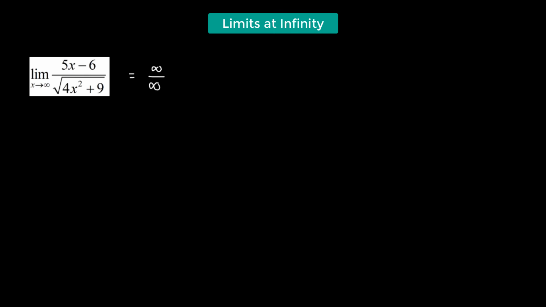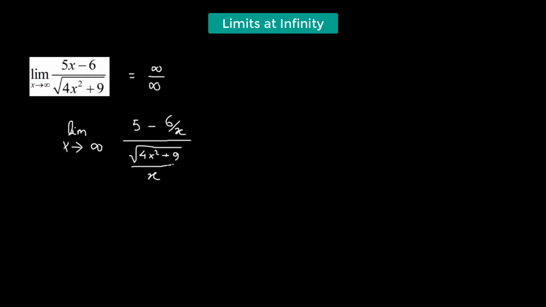So what we're going to do is divide both the numerator and the denominator by x. So we have the limit as x goes to infinity. The first term of the numerator, when divided by x, is going to give us 5 minus 6 divided by x. Now we have the square root of 4x squared plus 9, whole divided by x.